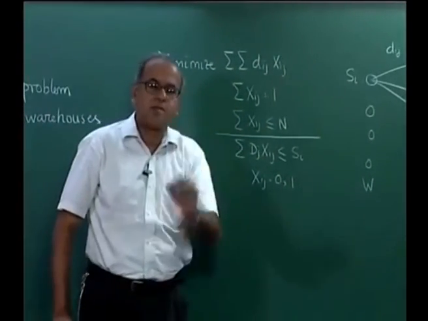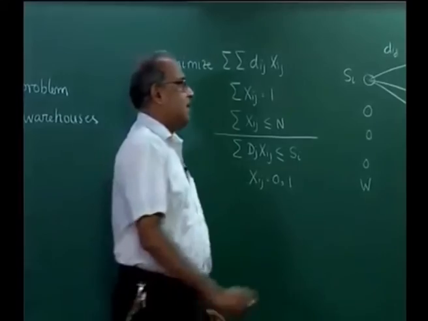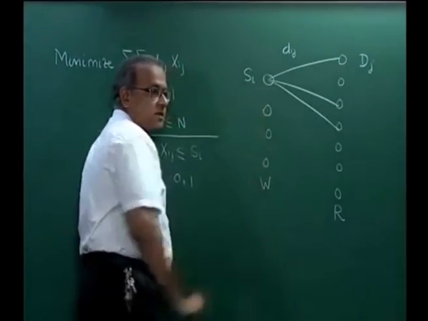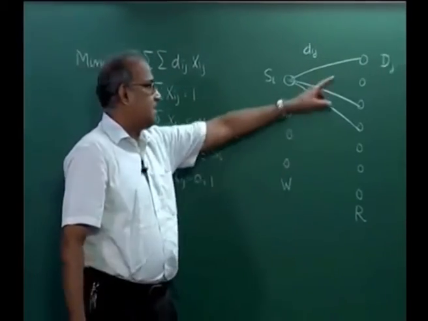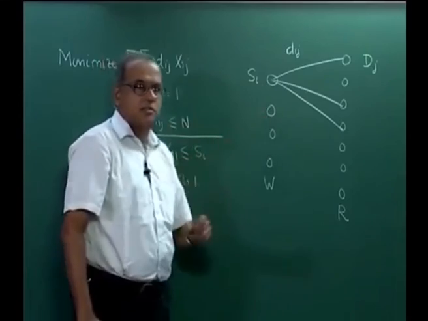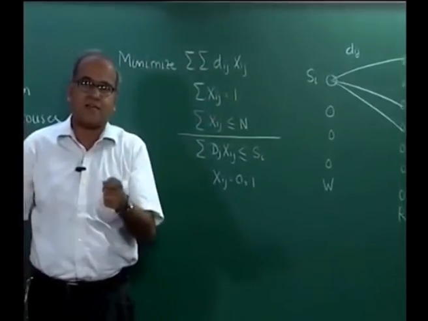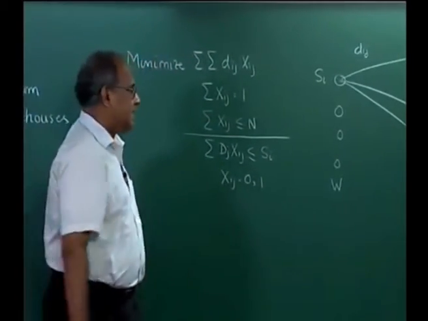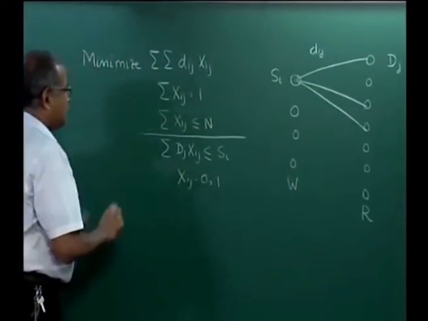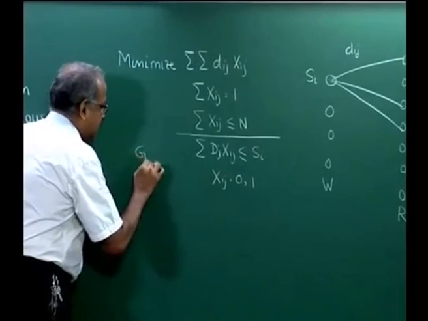A transportation problem does not put an explicit restriction that all the demands have to come through only one supplier. A transportation problem would allow that the demand of this can be met from here as well as here. So, the moment we put an additional restriction to the transportation problem that the demand of this should be met only from one of them, it becomes what is called a generalized assignment problem.